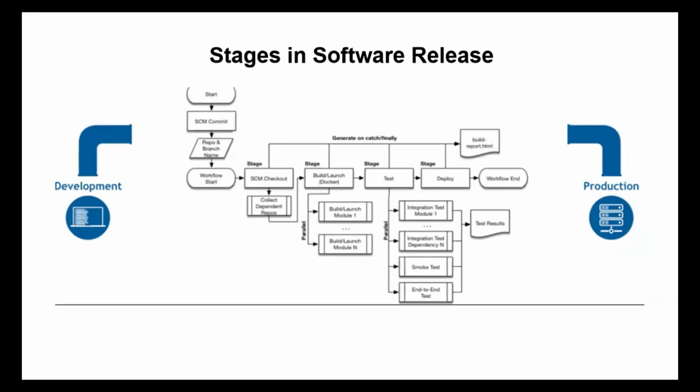As we know, these are the various stages in the software release, wherein it will start with the development stage. You commit your code in the source code management repository like Git and GitHub. Then you check out your code. Then you build your code using build tools like Maven.